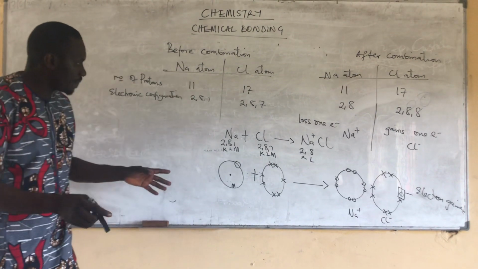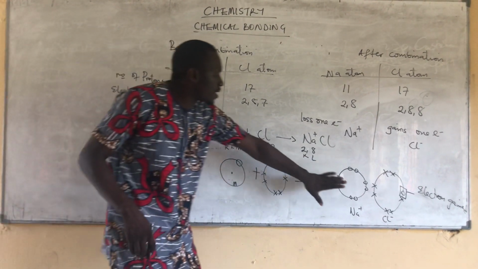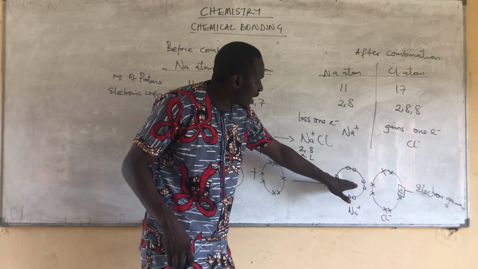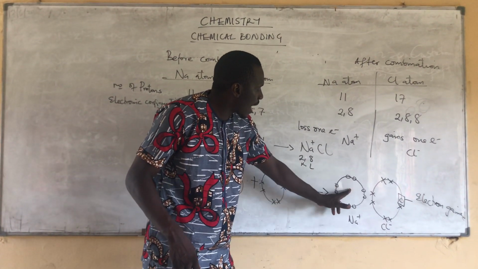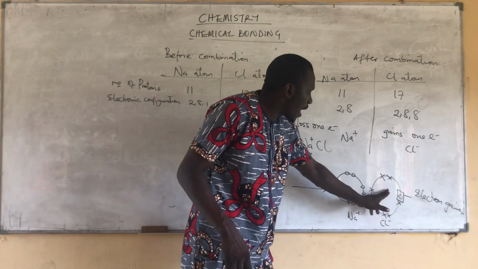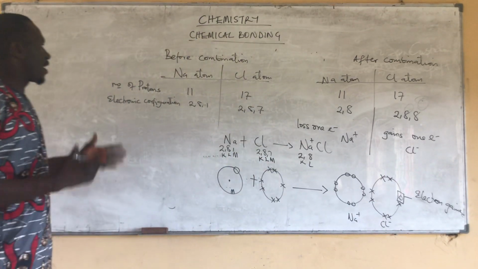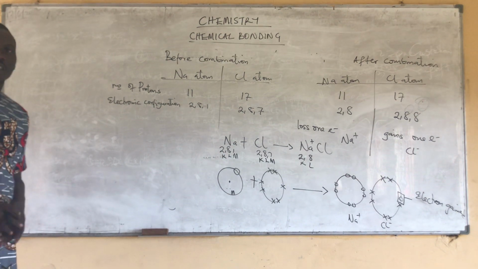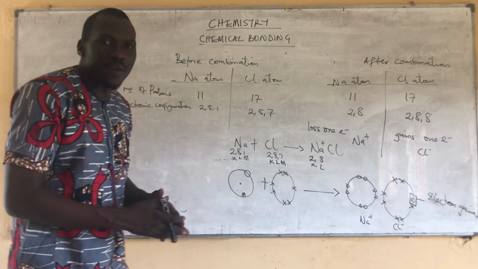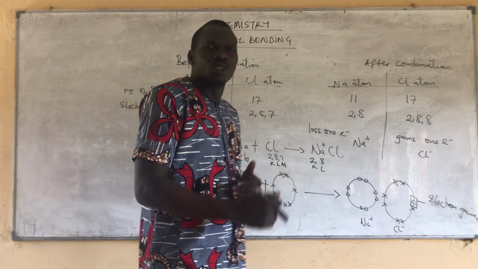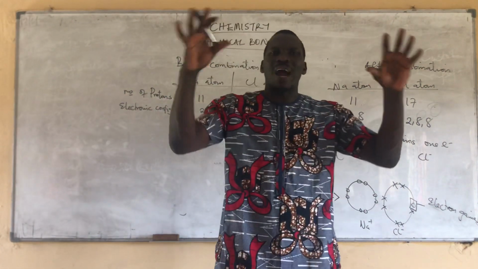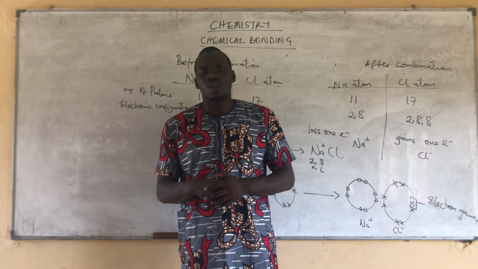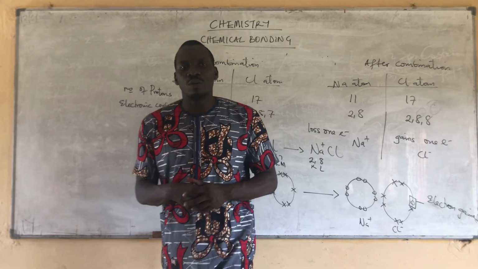At the end of the day, you will see they both have an octet structure like that of neon, the group 8 elements. So sodium has an octet, chlorine has an octet. So electrovalent bonding, once again, we said is the bonding that involves the transferring of electron from a metal to a non-metal in order to attain a stable configuration.